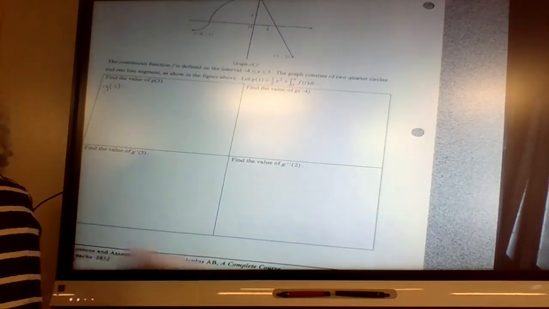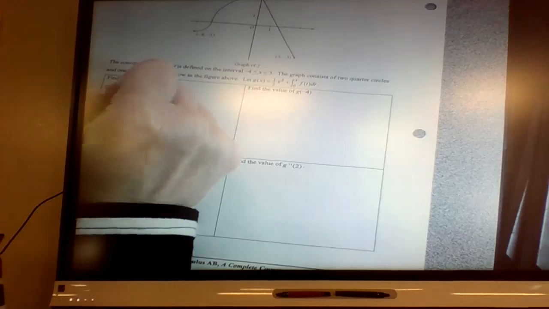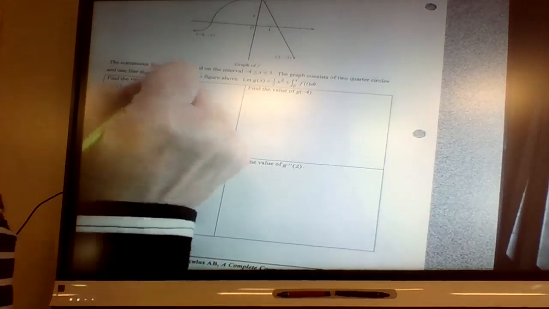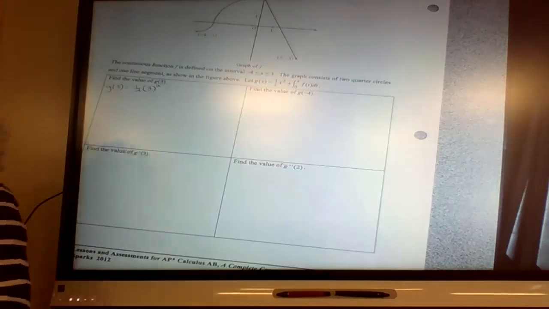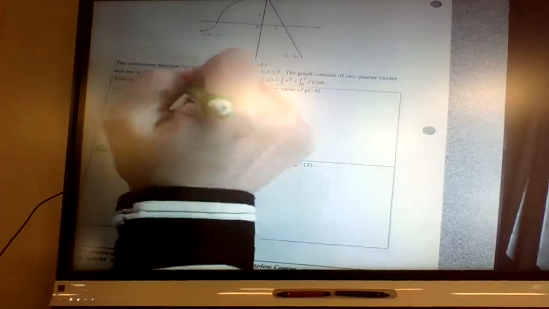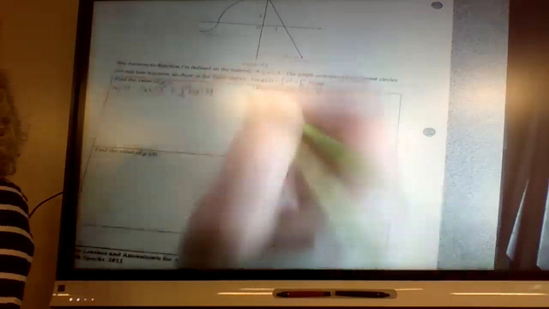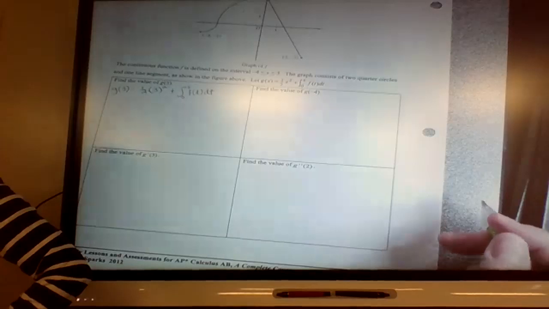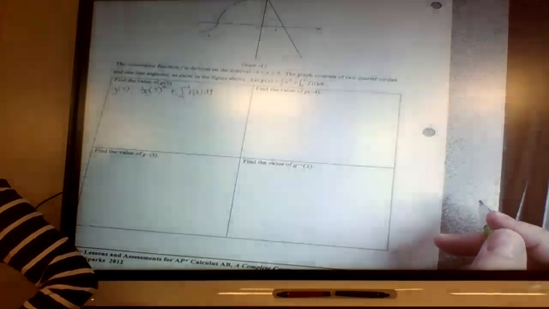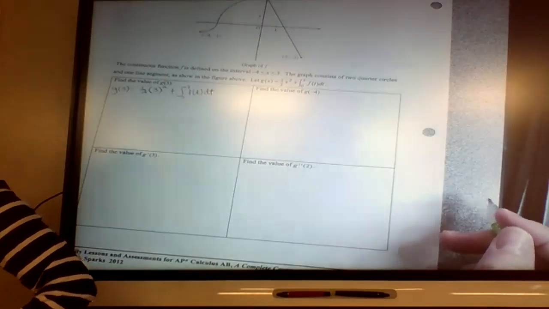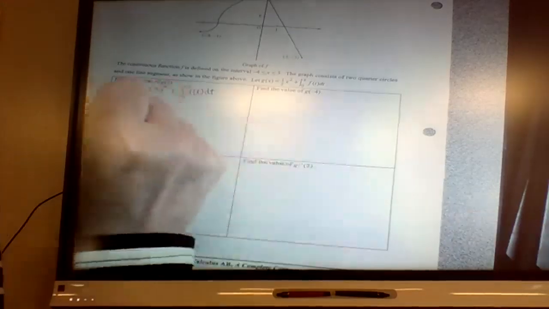All right, so g of 3 is going to be 1/2 times 3 squared plus the antiderivative from 0 to 3 of f of t dt. So let's see.